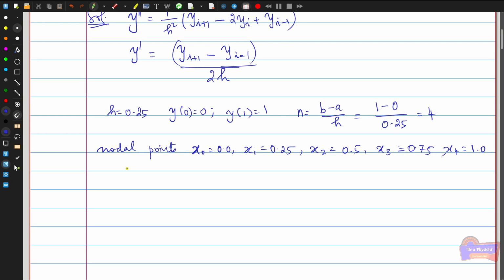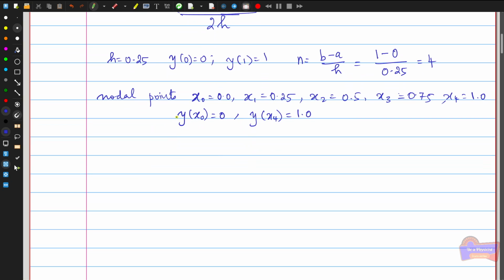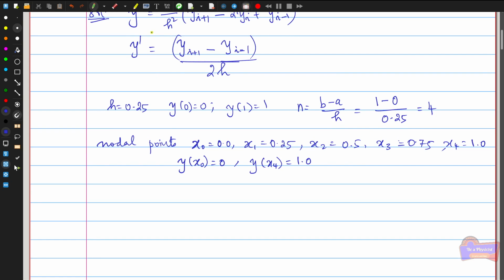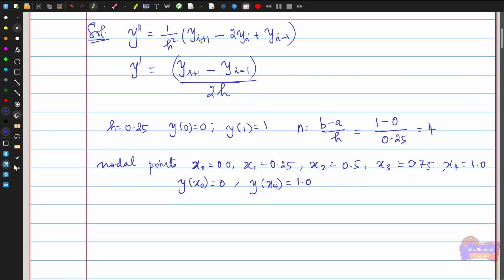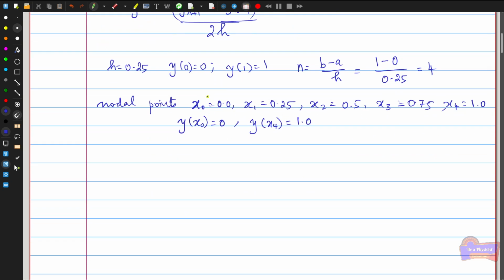For these x values, the given data values are y of x0 equal to 0 and y of x4 equal to 1.0. These are the two boundary values which we have been given, and we don't know the other values. Now I can substitute these into the equation for every i value.